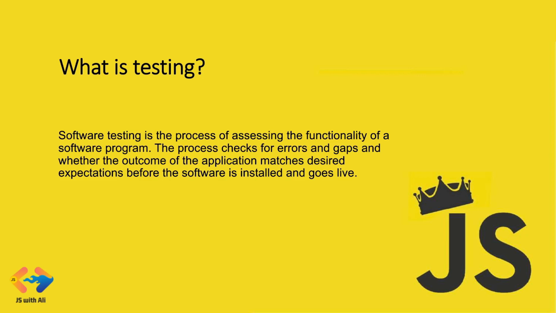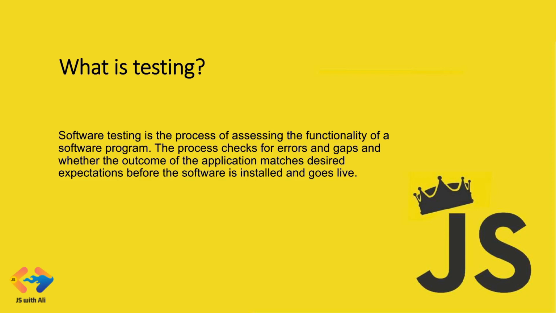Software testing is a process for evaluating or assessing the code and the applications for detecting errors, gaps, and bugs in your applications, and matching the desired output with expectations before the software is published.